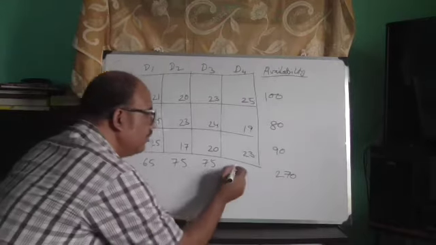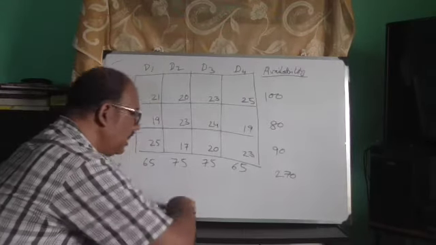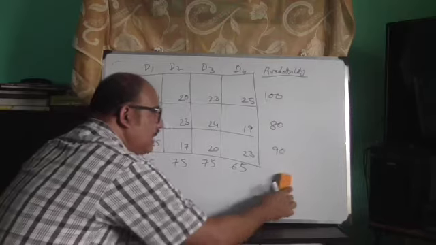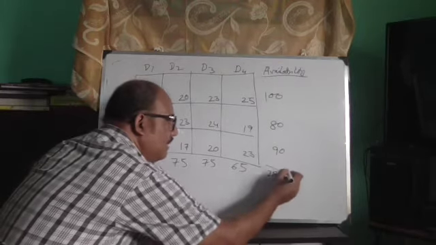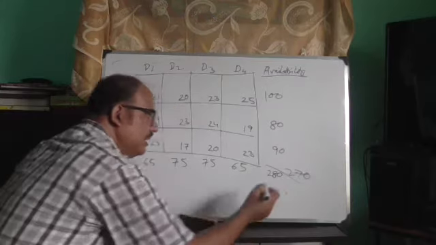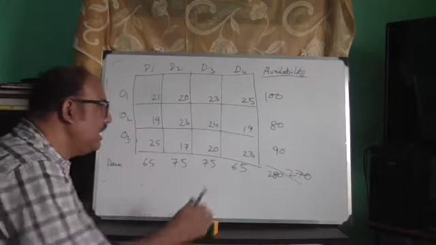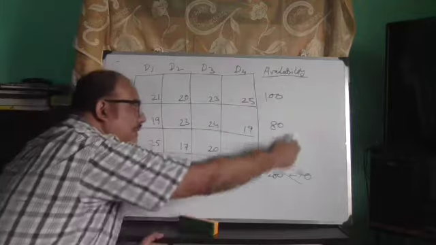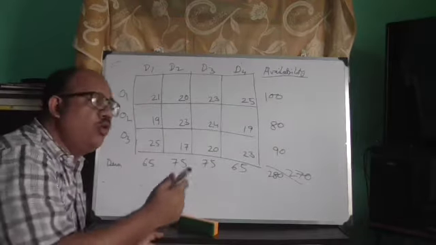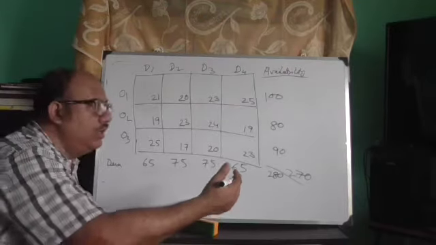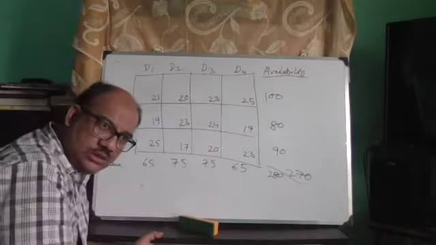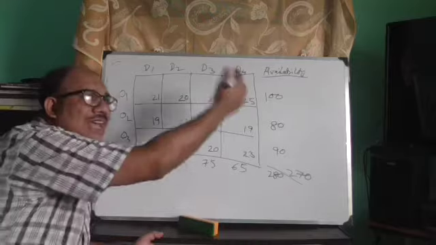Then the total demand becomes 280 and total availability is 270. If the total demand is 280 and the total availability is 270, there is no way it is possible to distribute 280 units. So there is less availability.